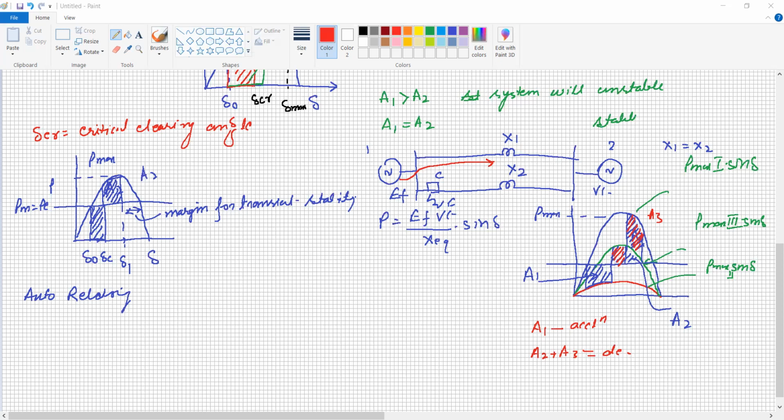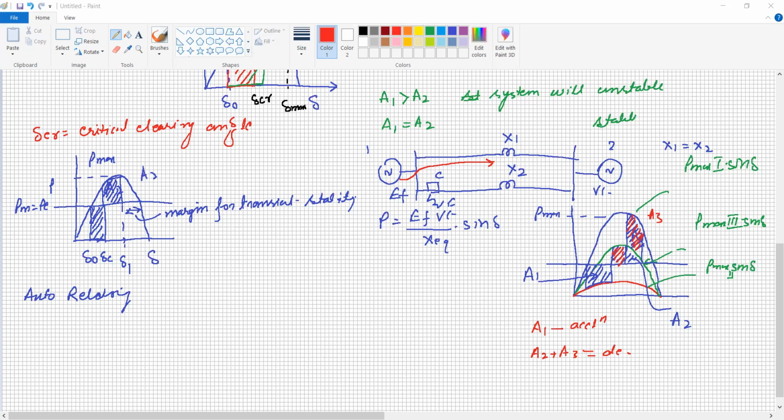So we'll see in the next lecture the application of FACTS shunt compensation for improvement of the transient stability. Right now we are just reviewing transient stability. By this way, we have taken the maximum angle and we are calculating with the help of integrations, the areas.